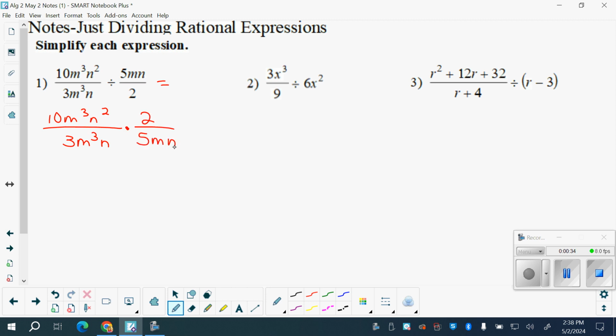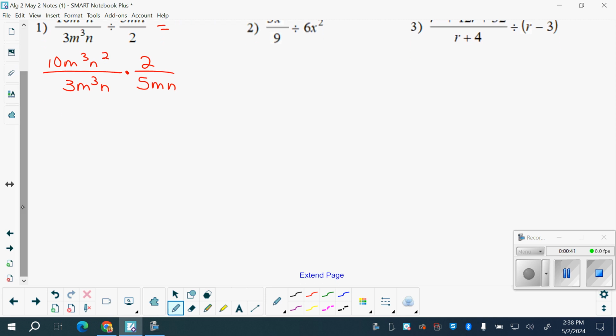Would you like to know why it is that we take the reciprocal? Yes? Okay, so I'm going to do something on the side down here. If we are taking 8 divided by 1/3, to get rid of that fraction there, what I would need to do is multiply by 3/1, and 3/1 on the top.